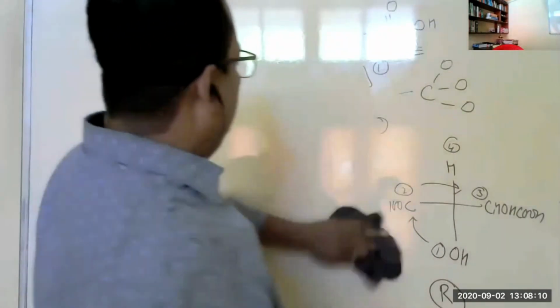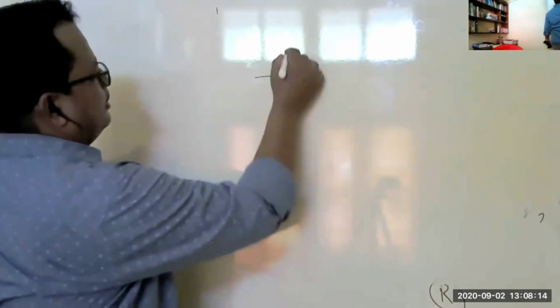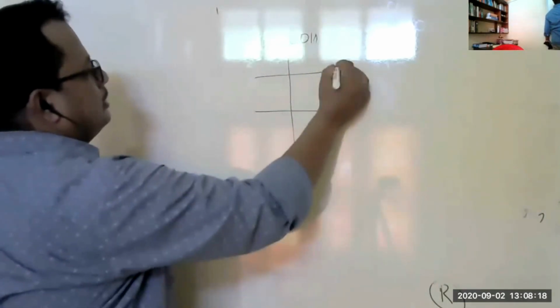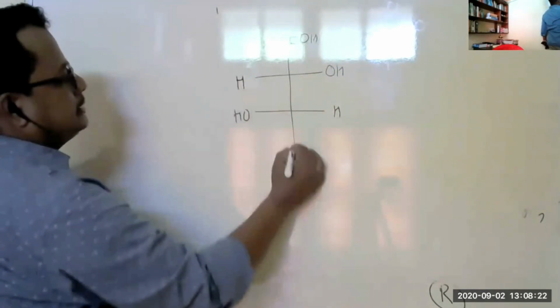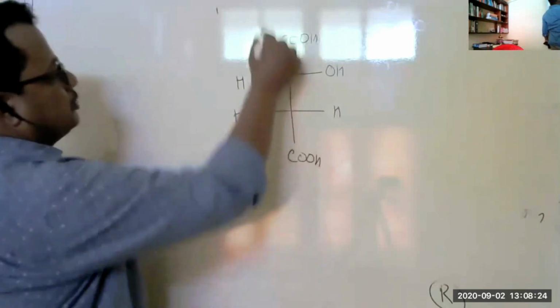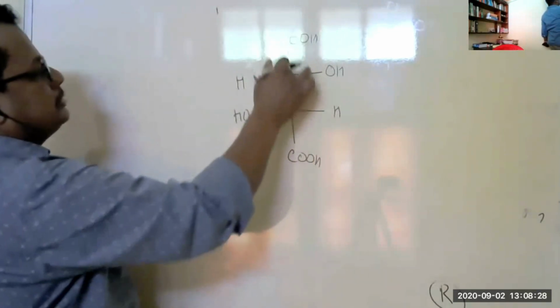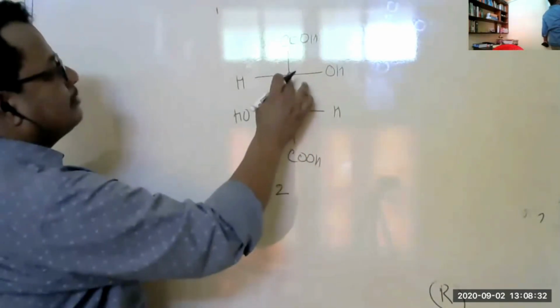So this particular molecule: COOH, OH, H, OH, H. So if you number the carbon atoms, 1, 2, 3, 4. So at carbon atom number 2, this is carbon atom 2.